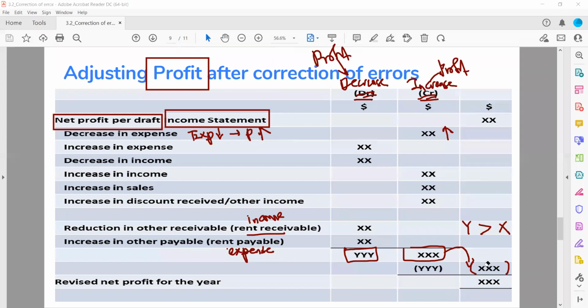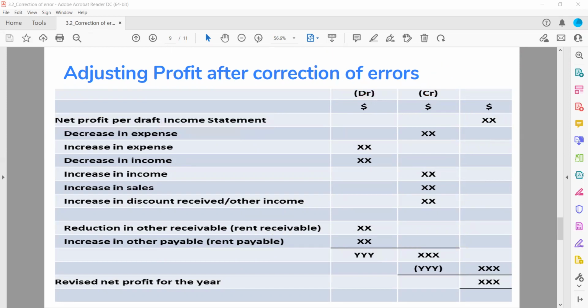But if our y here, the decrease, is less than the increase, the x, this one more, this one less, we will plus, so positive. So take the before plus the adjustment, get the final profit amount.